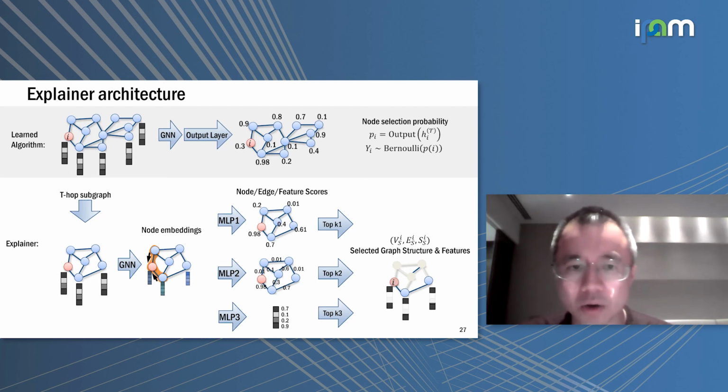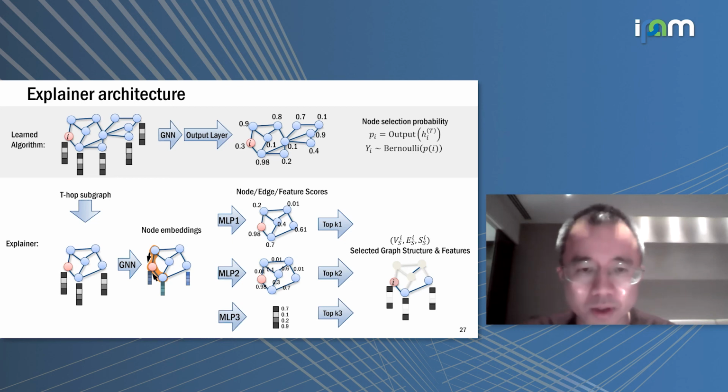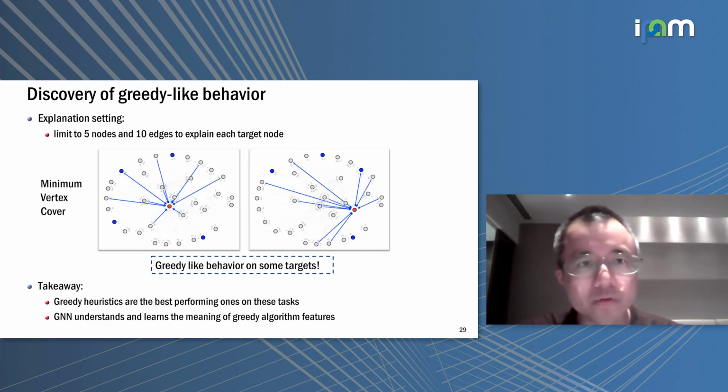When we learn a particular algorithm, we actually also learn an explainer, which can explain which part of the feature, augmented feature, or which one of the substructure is making a critical contribute critical information for making the decision. Okay. So what we find is, for instance, for the minimum vertex cover, we learn this distributed local algorithm.